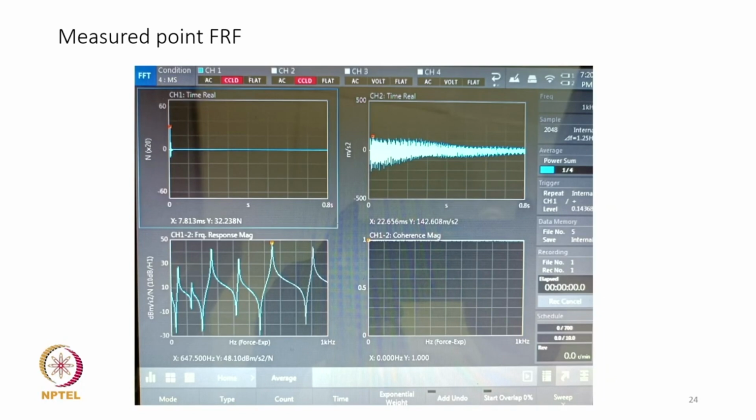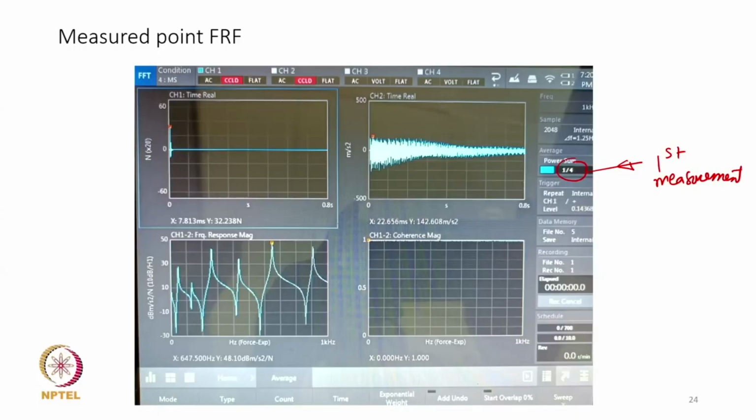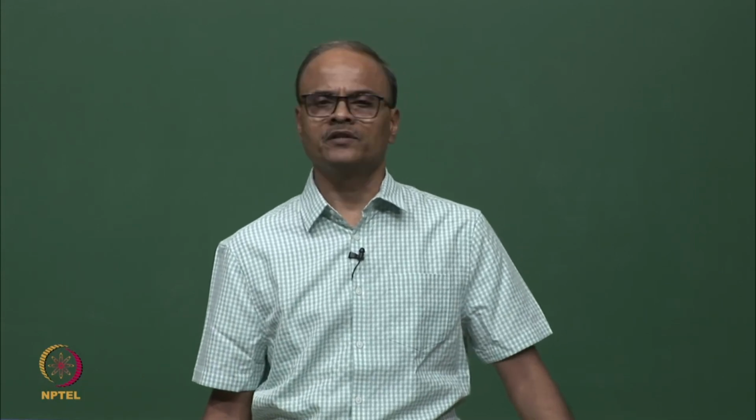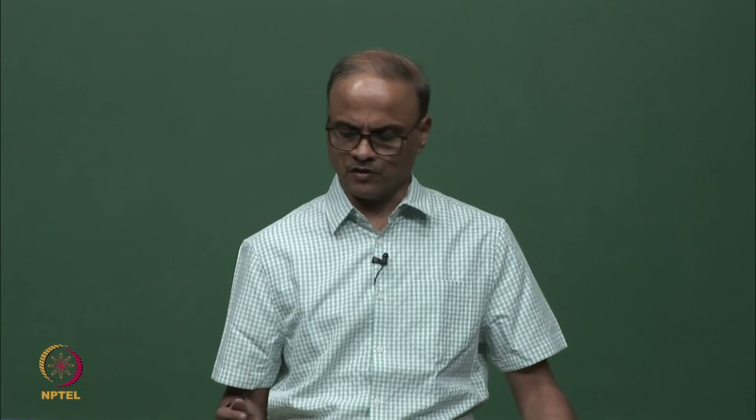We have chosen 4 averages, but right now this plot is based on the first measurement. From the coherence plot we see that the coherence is 1 throughout the frequency range, but this is actually misleading, because with just one measurement coherence will always be 1, right, because at each frequency the output and input can always be related by a linear relationship, irrespective of whether there is any noise in the signals or not, correct.